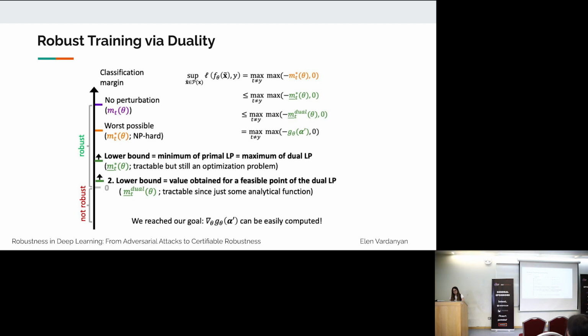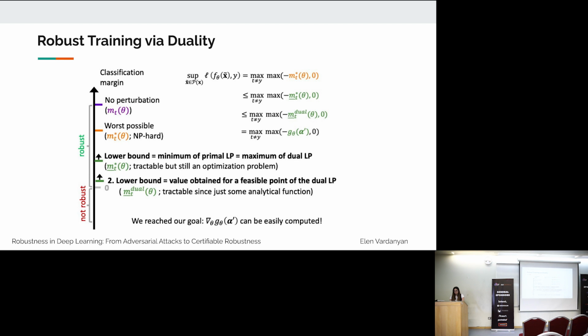On the positive side, it does not have to be an optimization problem. Any feasible point that we can put into this dual problem, G, can be used as a lower bound to our original classification margin.